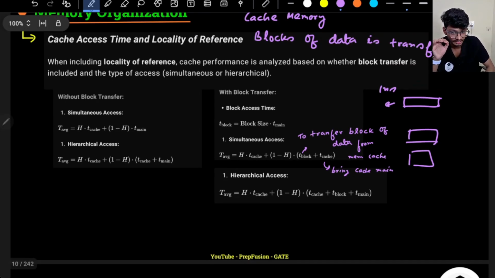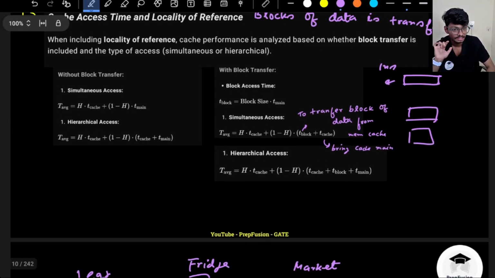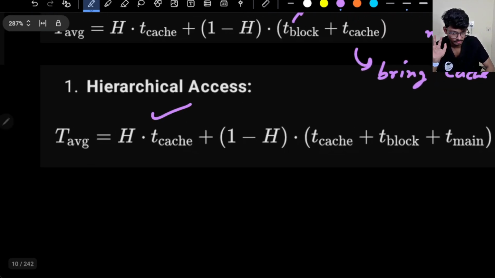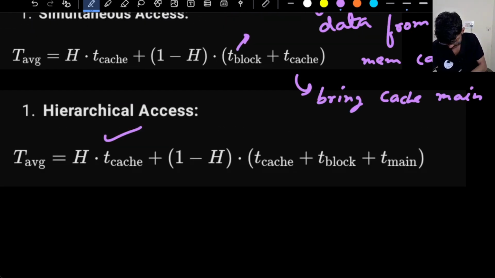But what is happening in hierarchical access? In hierarchical access, if it is a hit, that is fine, there is no problem. But if it is a miss, okay, so this is wrong actually.